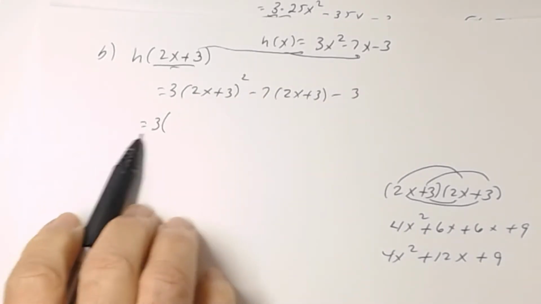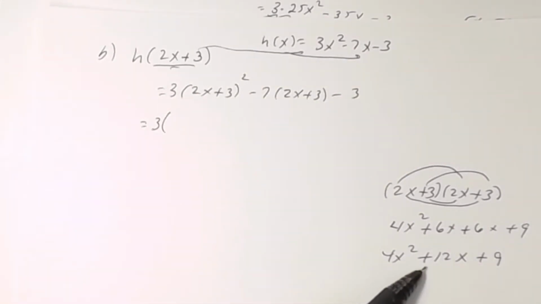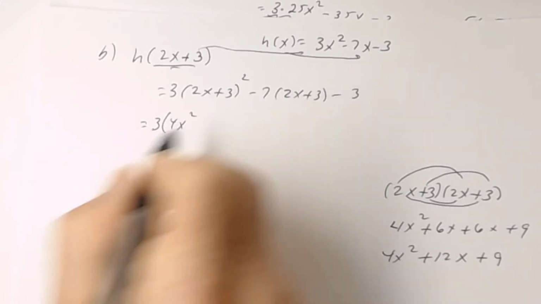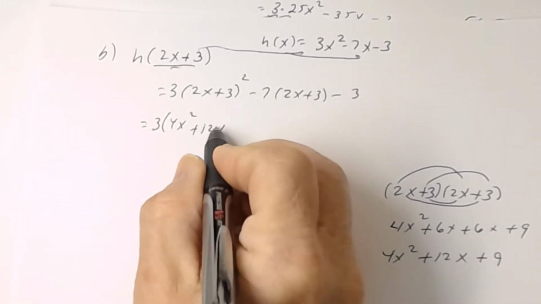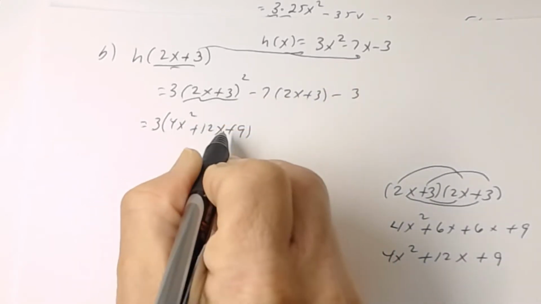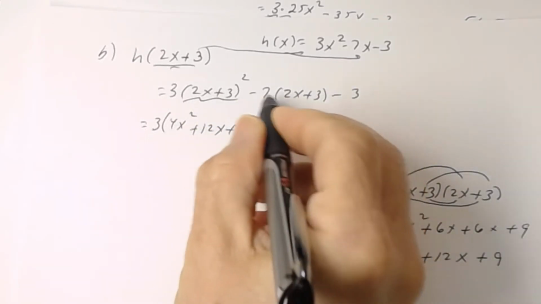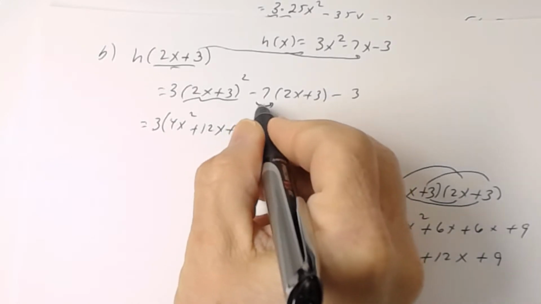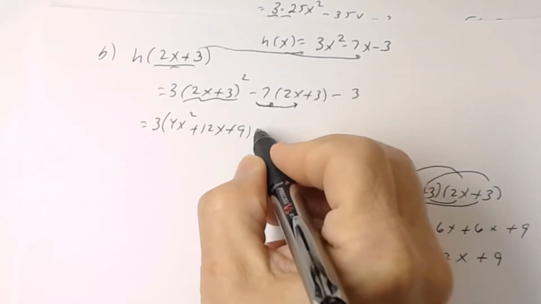So make sure you put that in parentheses. So it's 3 times this trinomial. All I found was this trinomial, but it's also being multiplied by 3. Now I'm going to go ahead and use the distributive property here. And that becomes what?